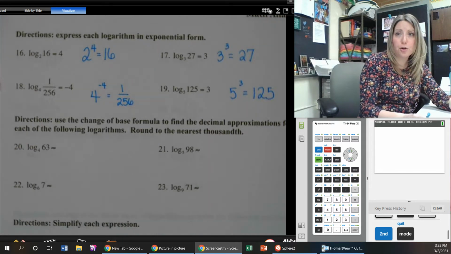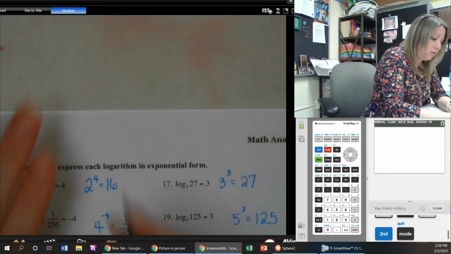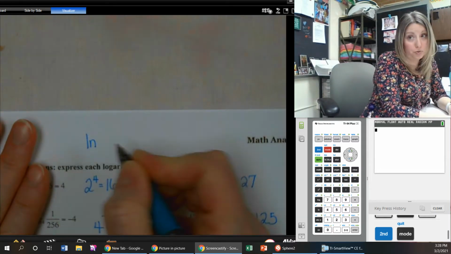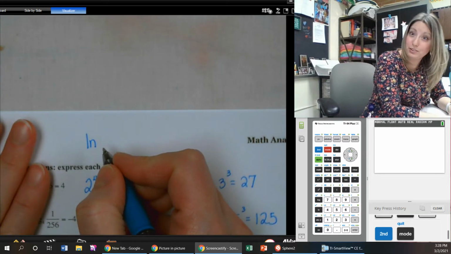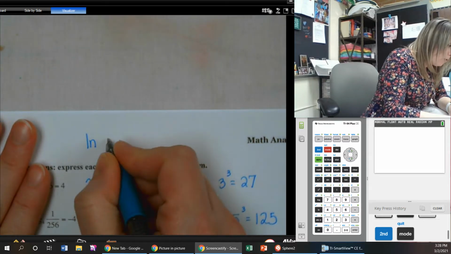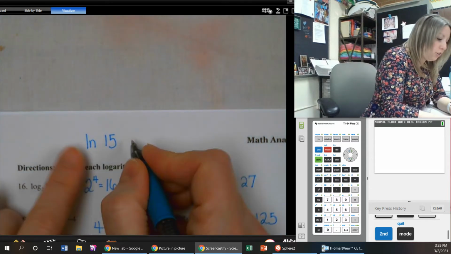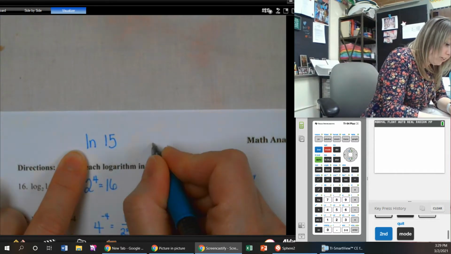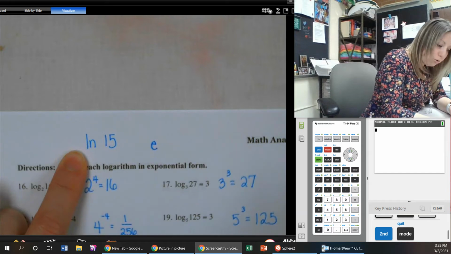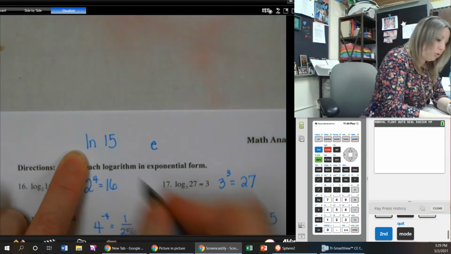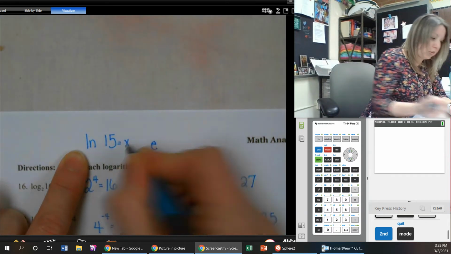If you have an ln, which of course I don't have here, so the likelihood of that happening on your test is pretty low, right? But if you have an ln 15 like this, and you're changing it back into exponential form, it's e to the, oh, excuse me, I have to set it equal to something, so I'm just going to say x.